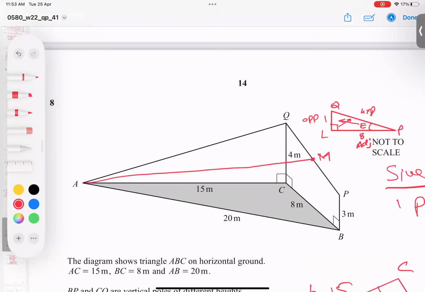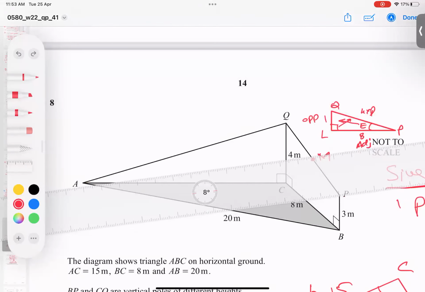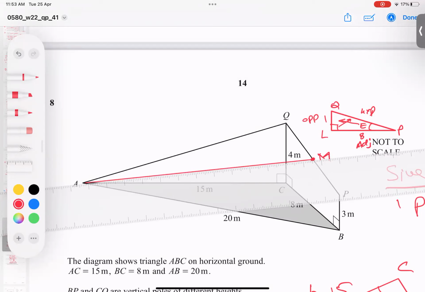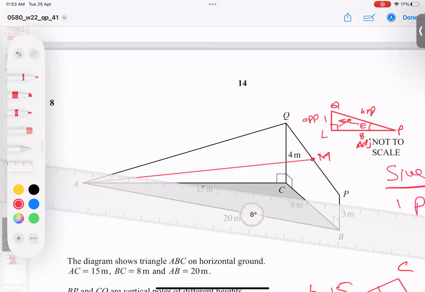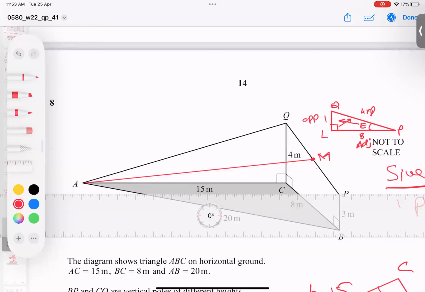And so when I take a scale, okay, I will make a line on the floor even.